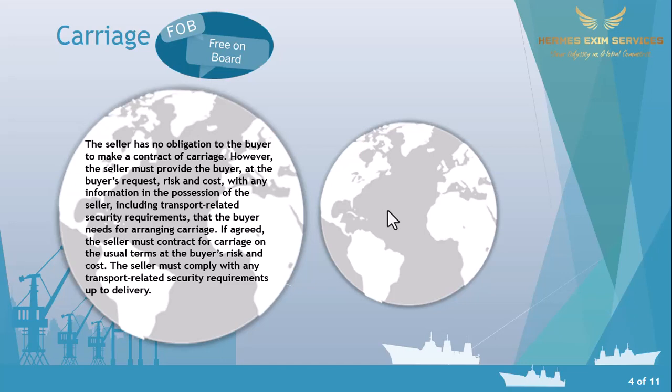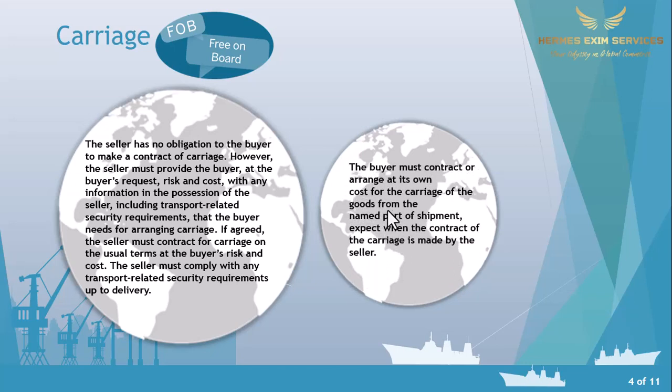If agreed, the seller must contract for carriage on the usual terms at the buyer's risk and cost. The seller must comply with any transport-related security requirements up to delivery. The buyer must contract or arrange at his own cost for the carriage of the goods from the named port of shipment, except when the contract of carriage is made by the seller.